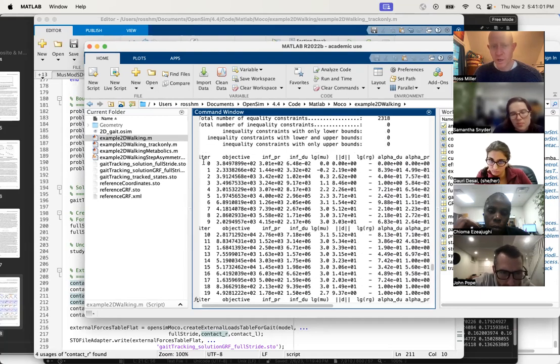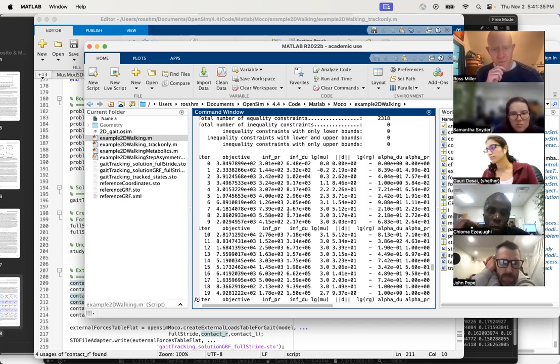Each one of these is the model's current result for this simulation. You can think of each iteration as the model trying a different possible set of muscle excitations and muscle states to minimize this cost function while satisfying these constraints. We'll talk a little bit more in detail in an in-person class about what this algorithm, this direct collocation method, is actually doing, but I didn't want to try to explain that virtually here today.